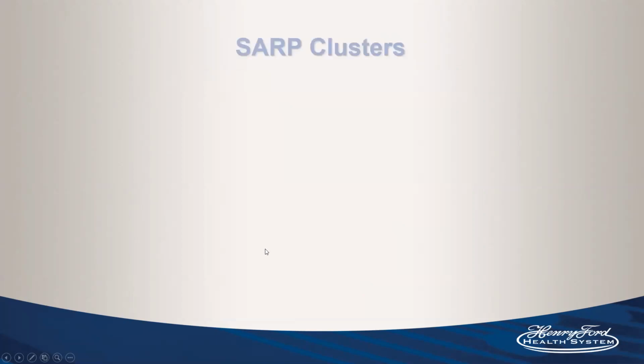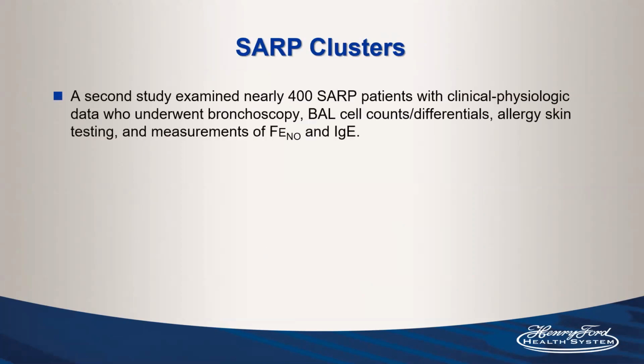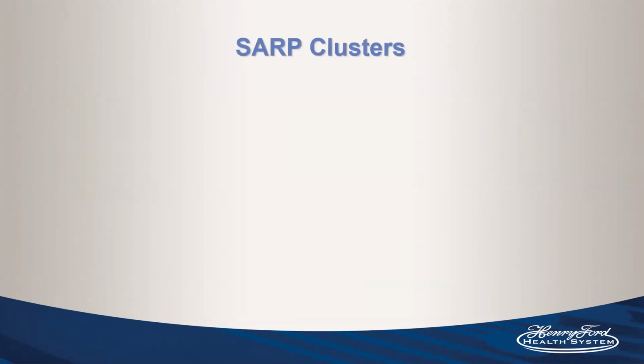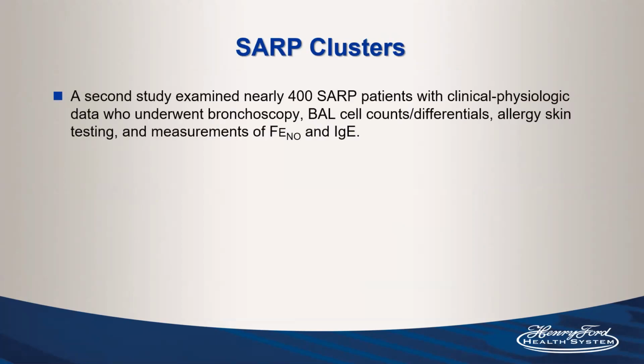I'm going to touch on this also real quick. In that first study, where they tried to cluster the patients and come up with a clinical phenotype, they didn't take inflammatory markers like eosinophils in the sputum, in the blood, and other inflammatory markers that can indicate the severity of asthma. So a second study was made, examining 400 patients from the database.